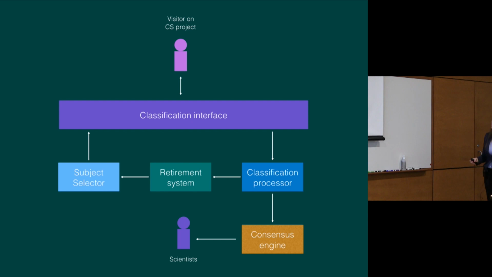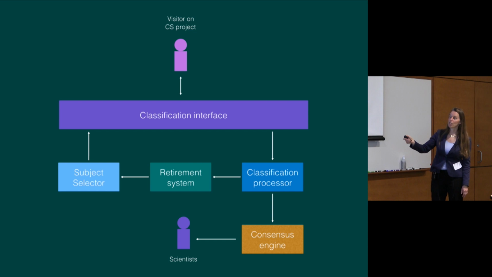So this is just a very simple cartoon of how the infrastructure on Zooniverse works. We have a classification interface, which is what the visitor sees. They go in and they interact with this classification interface. They do the primary task. The clicks from that primary task go to a classification processor.